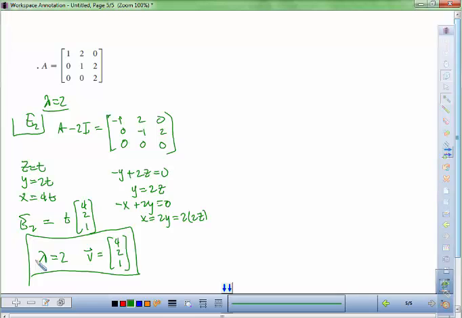That's a good start. Now let's take a look at our second eigenvalue. Lambda is equal to 1, and hopefully we get a two-dimensional eigenspace for this.